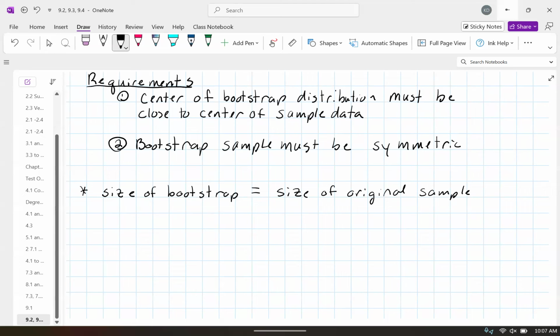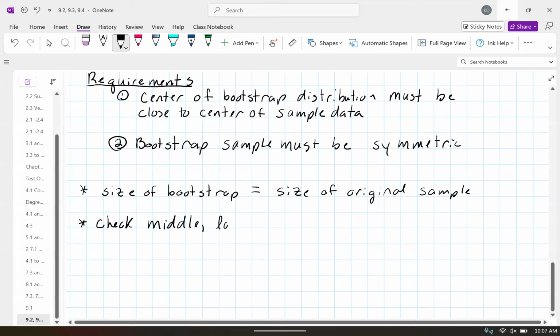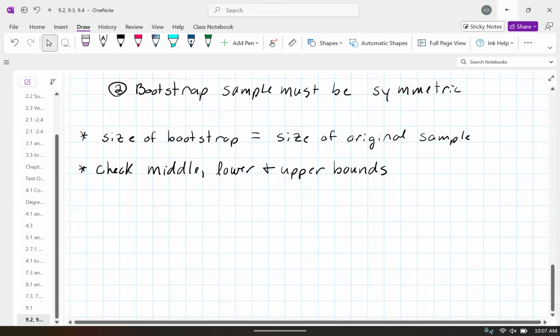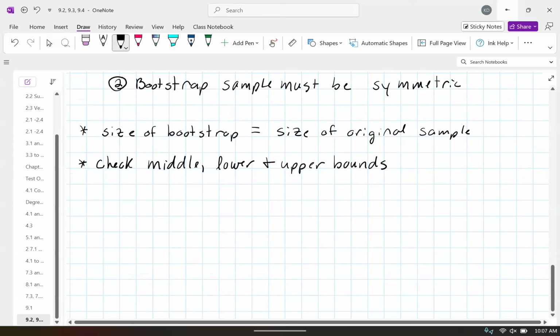And then you should always check your middle, lower, and upper bound. Those should be fairly close to your original data. So we want to make sure, say we're looking at the middle 95%.